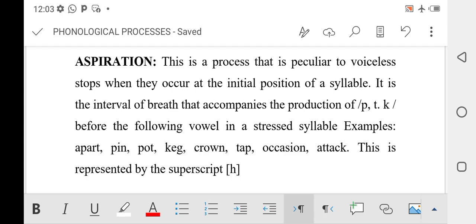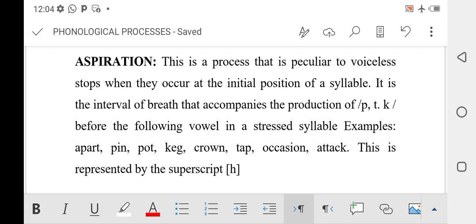So we have stops, there are 6 of them: P, B, T, D, K, G. 3 of them are voiced and 3 of them are voiceless. P, T, K are voiceless. So when we talk about voiceless stops, we are talking about P, T, and K. Aspiration is a process that is peculiar to these 3 sounds.